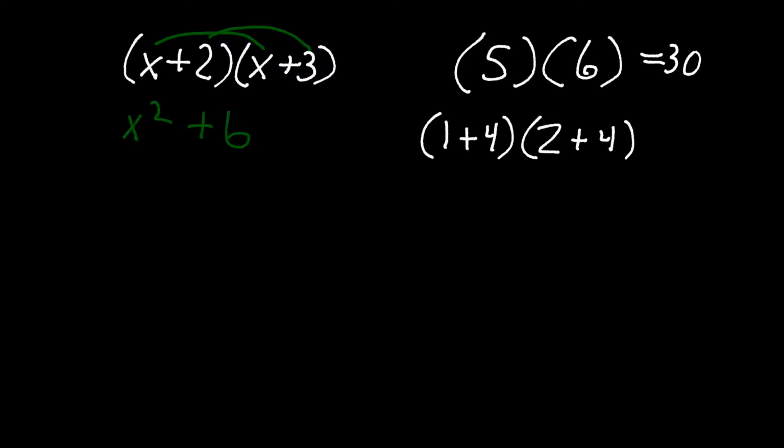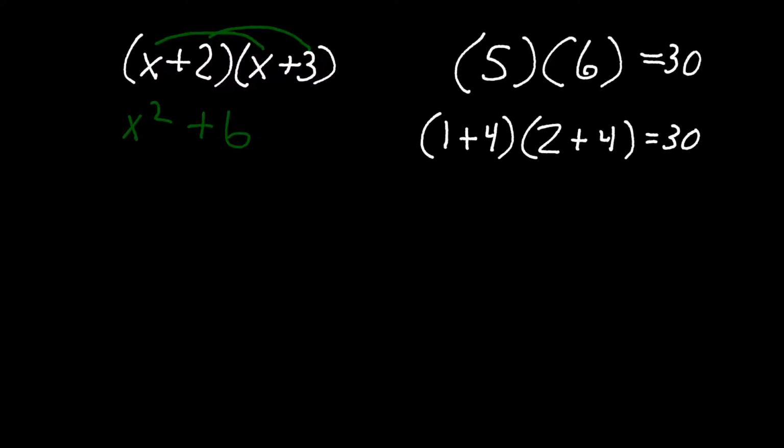Now, we can hopefully agree that 1 plus 4 equals 5, and 2 plus 4 equals 6. Meaning, whenever we multiply these together, we should equal 30. Because all we did was expand out the numbers.